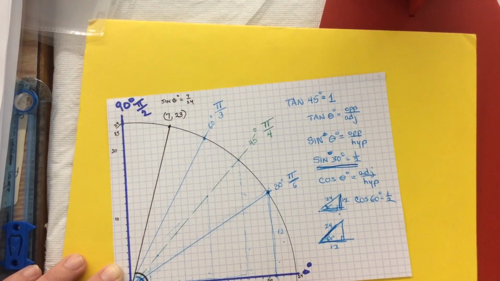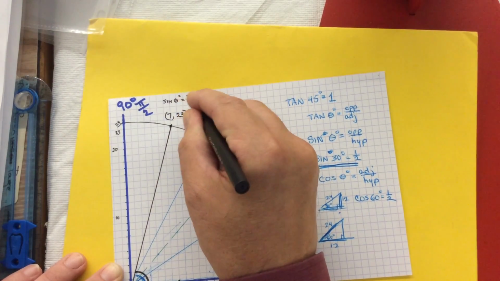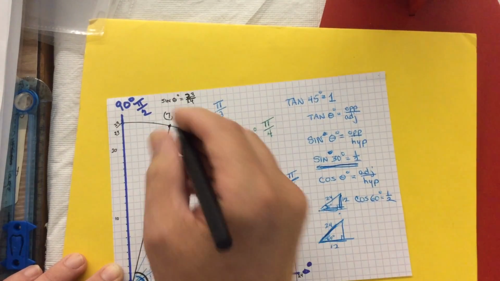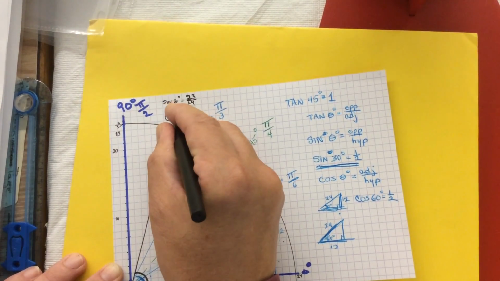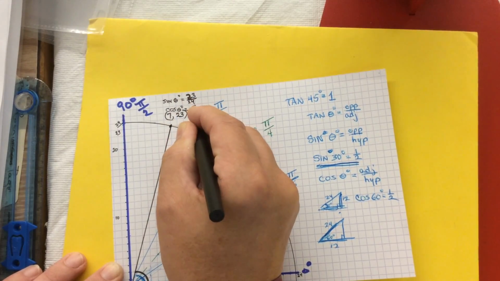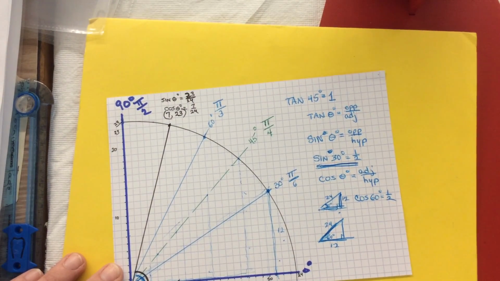No, it would be 23 over 24. There we go. Sorry. Right? And the cosine of this angle would be 7 over 24. Does that all make sense?